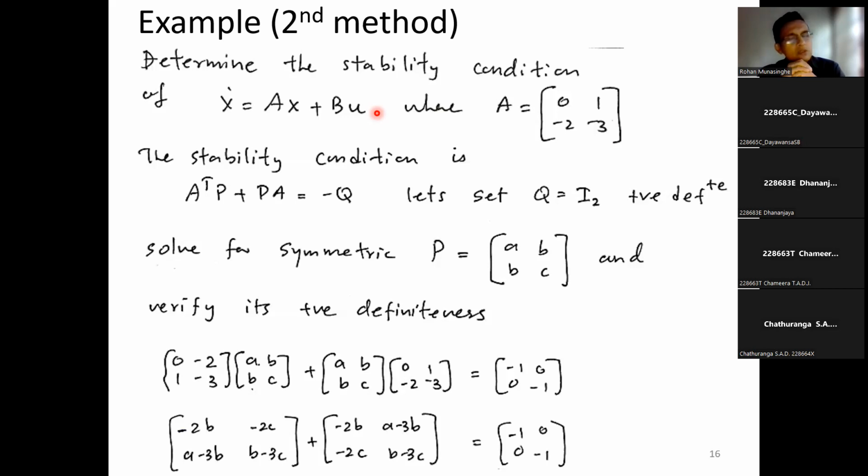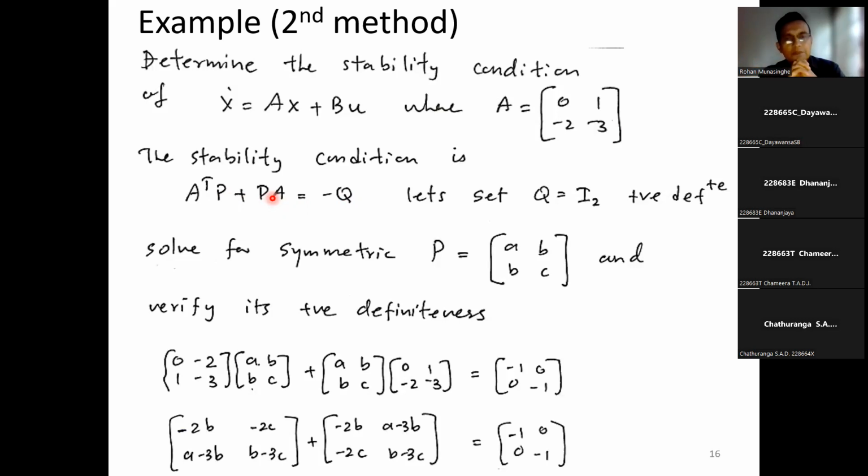So what we do is straight away use the expression A transpose P plus PA equals minus Q. This is the stability criterion. If the system is stable, this should be true for positive definite Q and positive definite P. Both are positive definite.